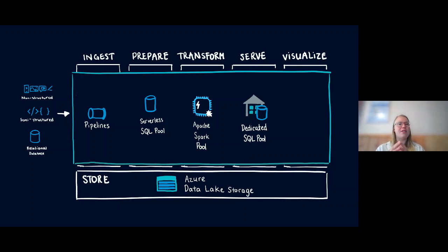So again, the data is going to get moved from Azure Data Lake Storage to the dedicated SQL pools and loaded into that schema that we want to have in there as the last phase. And then since we were going to do some reporting, we're going to have Power BI linked into Azure Synapse Analytics as the visualization layer.